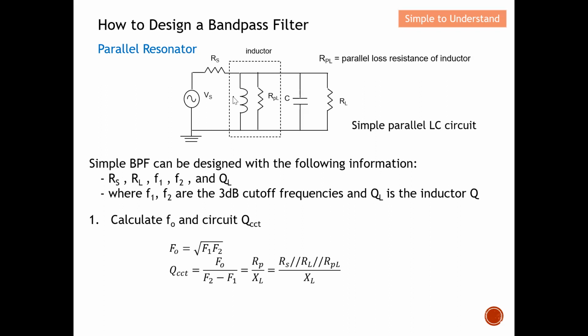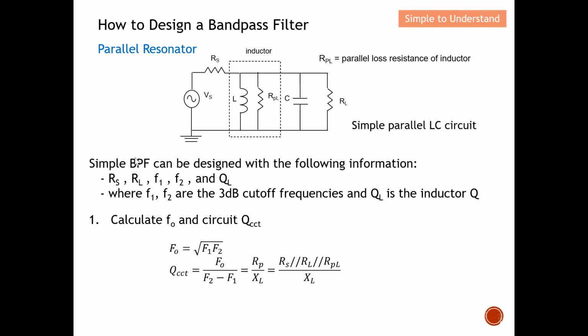Besides having the inductor value, we also have the resistor loss that is contributed by the inductor. Later on, I will share with you how to calculate this parallel loss resistor of the inductor. With this, you can calculate the L and also the C value, which I'm going to illustrate later on with an example.